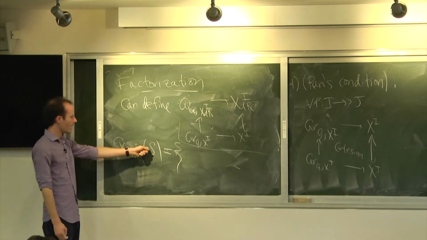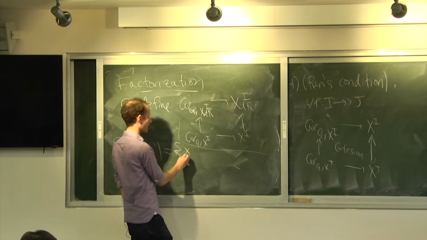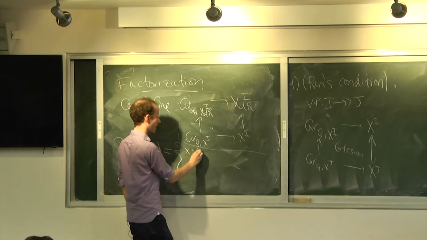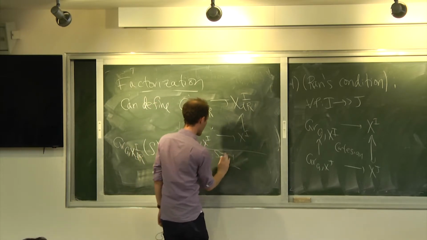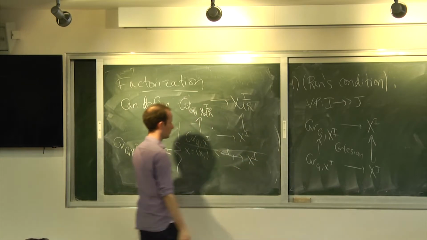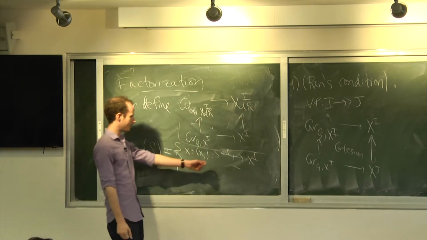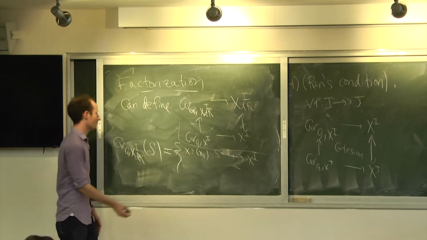So first of all, we want to map from S to x to the I de Rham. So that's just the same as an I tuple of maps from S reduced to x to the I. Oftentimes people, if you're taking S to be a derived scheme, write classical reduced. I personally find that redundant.